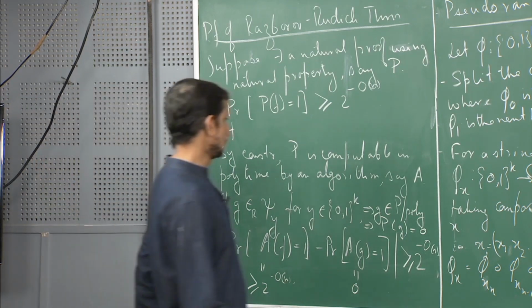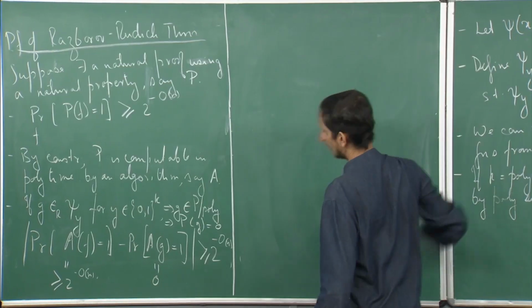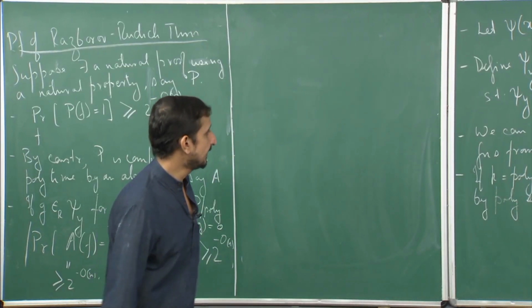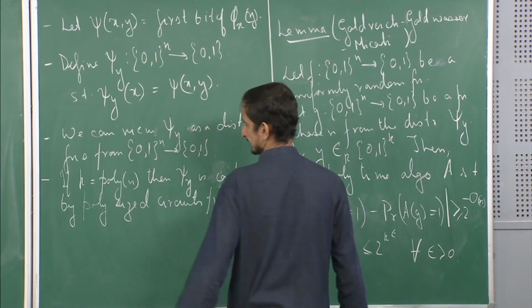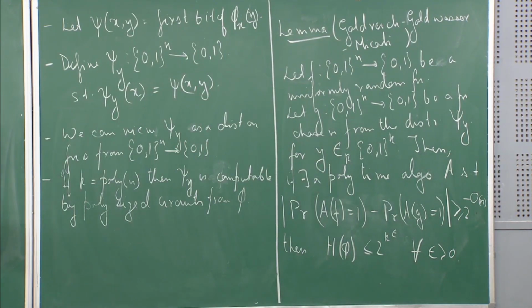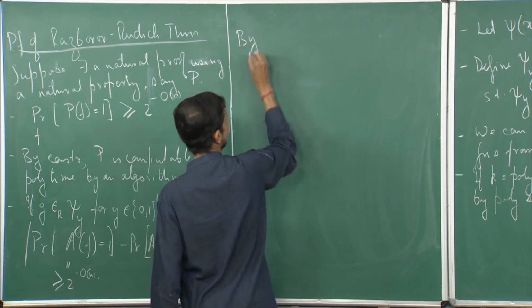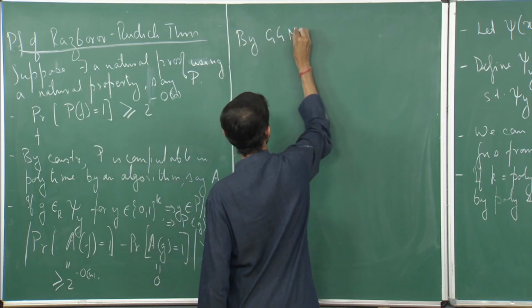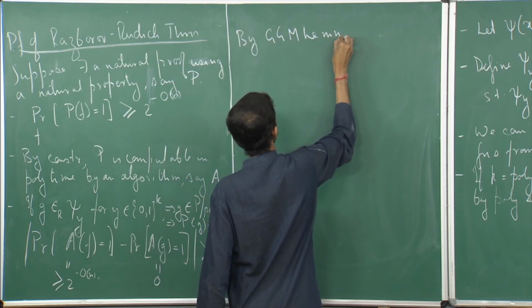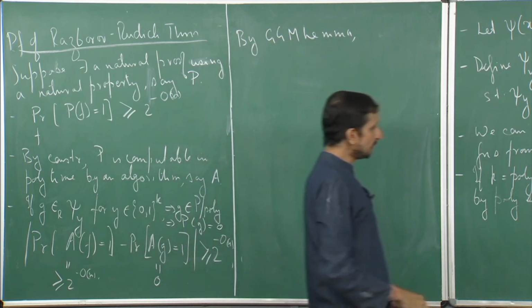And that's it. So now directly we can apply the hypothesis. It satisfies the hypothesis of this lemma. So by this GGM lemma, what do we have?